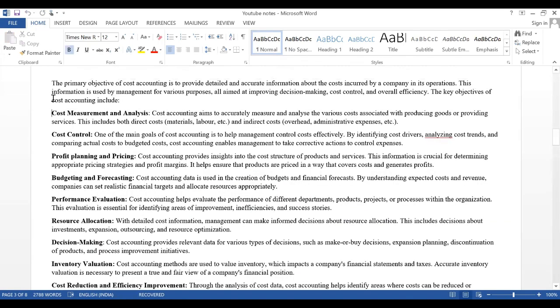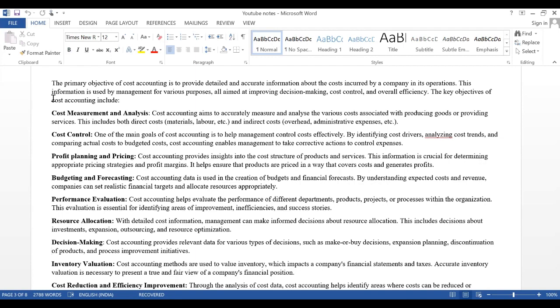The objectives are cost measurement. The first one is cost measurement and analysis. So here, the main objective of cost accounting is to measure the cost of various products, various services accurately.